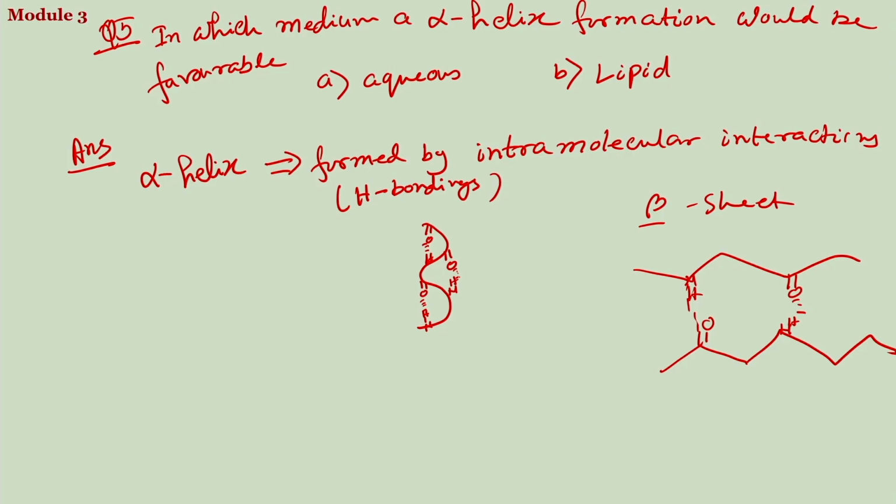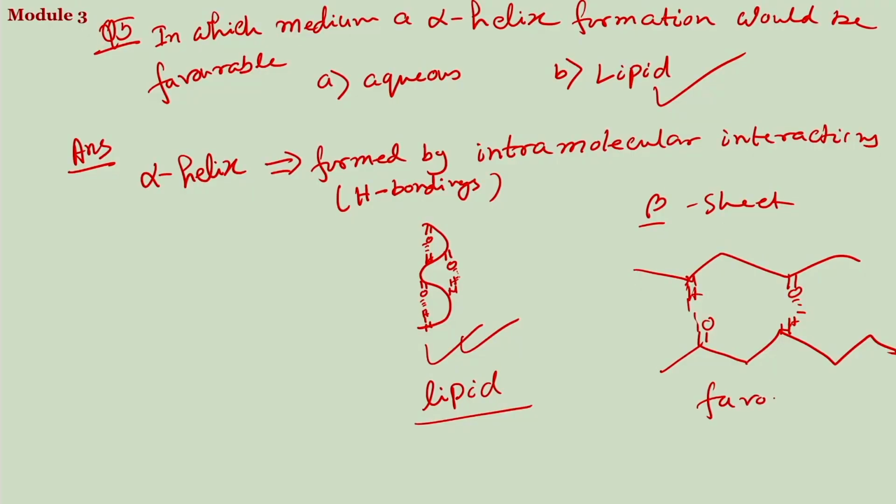So, chances of getting the intramolecular interaction would be better in the hydrophobic medium, in this case the lipid. So, alpha helix formation would be more favorable in the hydrophobic medium. Just the reverse for beta sheet, this will be favorable in water medium, aqueous medium or hydrophilic solvent.